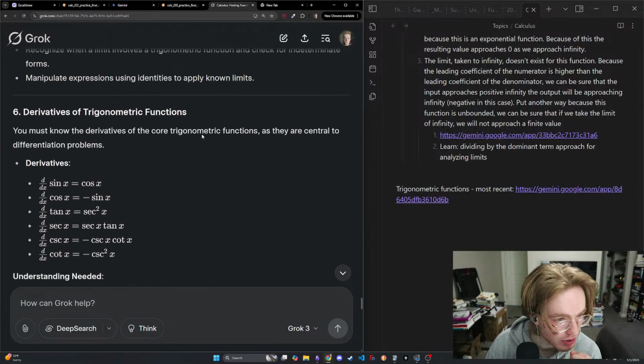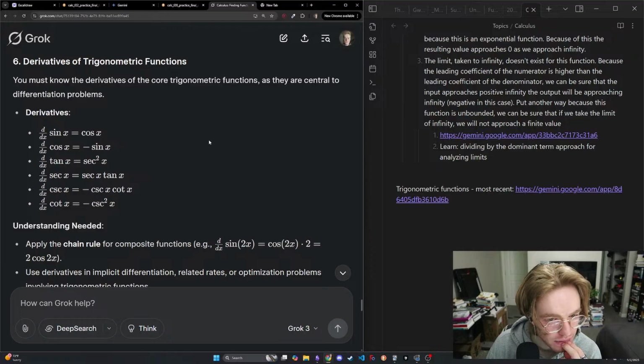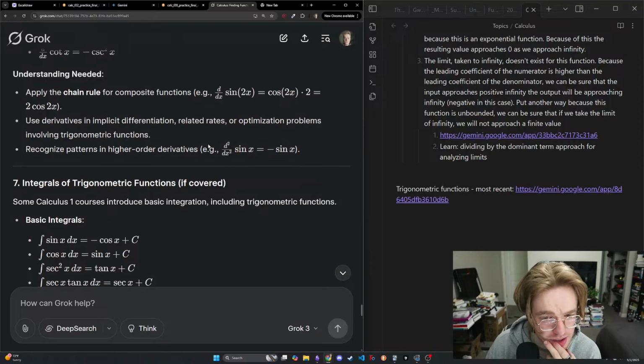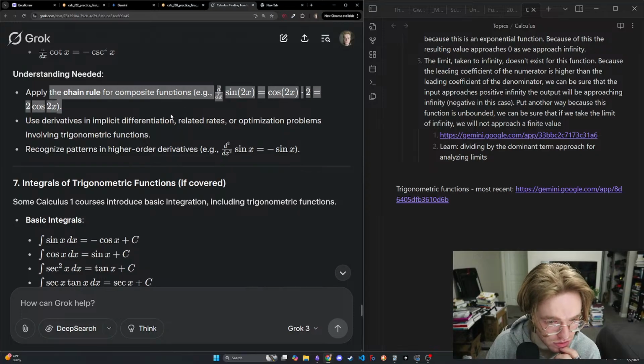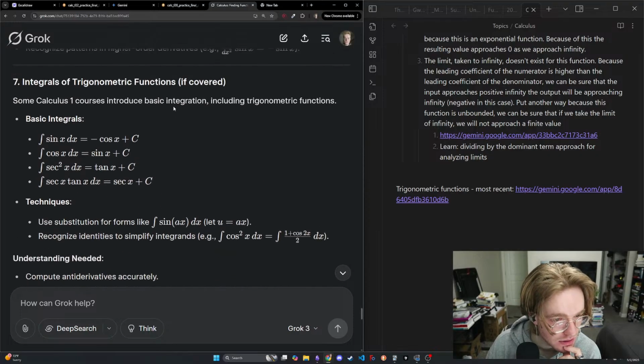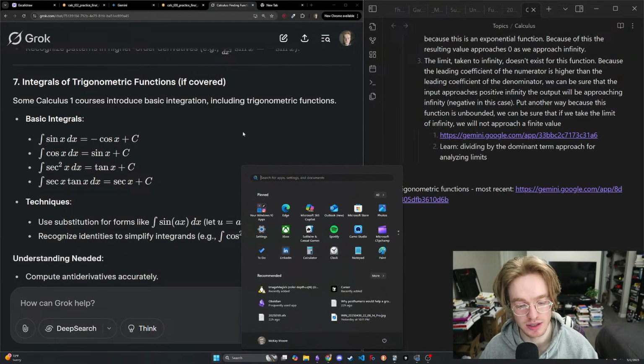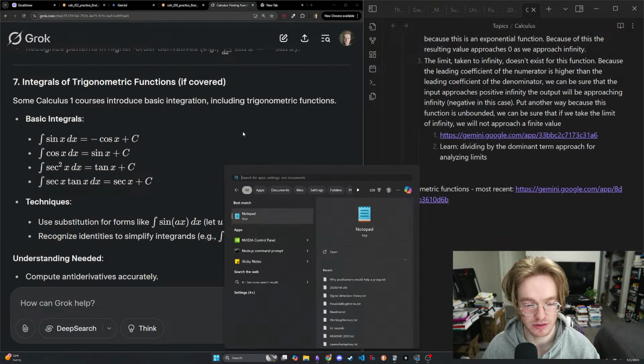Okay, so I'm probably just going to look for... okay, oh, here's the chain rule, so that's important to know. Maybe I'll write down what I'm needing.